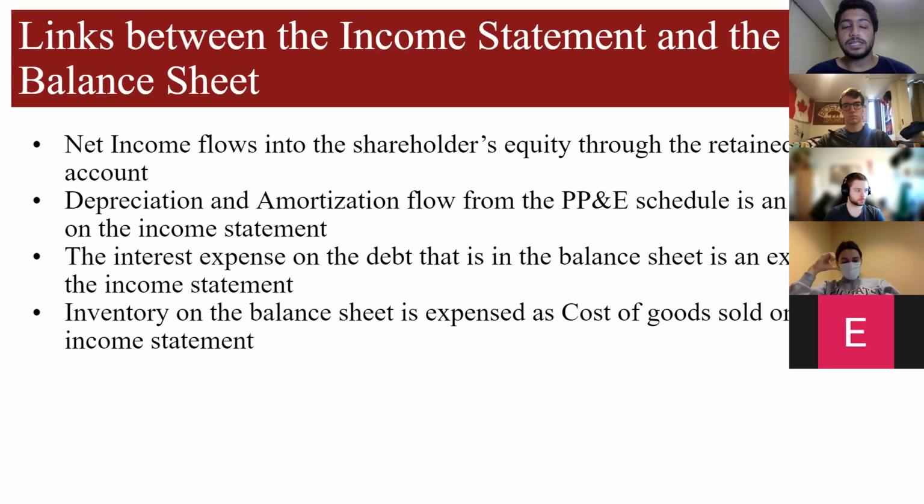So the income statement is basically the statement of profitability or the statement of operations of a company. It starts with the revenue, and then there are direct costs. The direct cost is usually the cost associated with the production of a particular product or service. So it includes the cost of goods sold and also any direct labor associated with the production of the product. And then that gives you the gross profit.